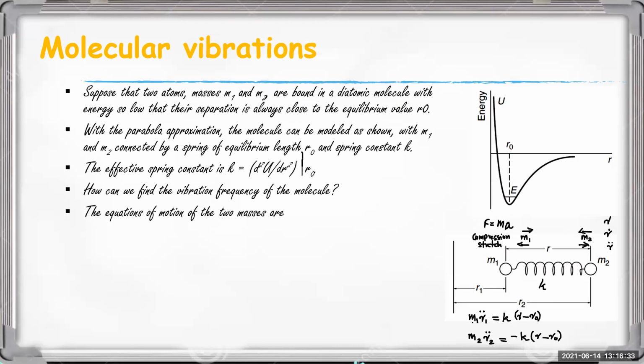So we write m1 r1 double dot equal to the force, minus k into r minus r0.